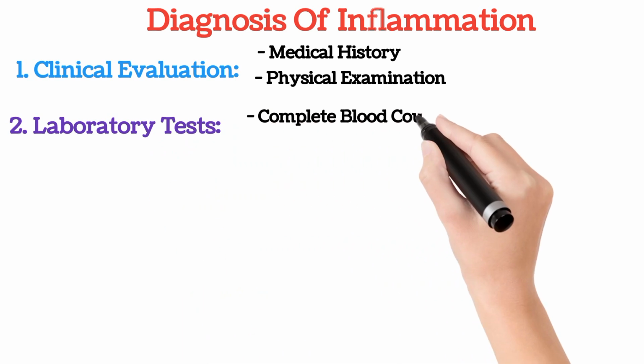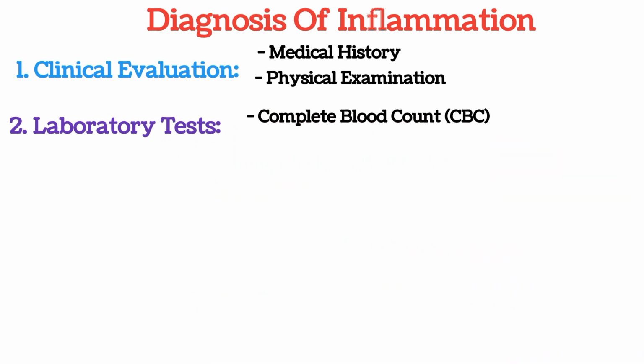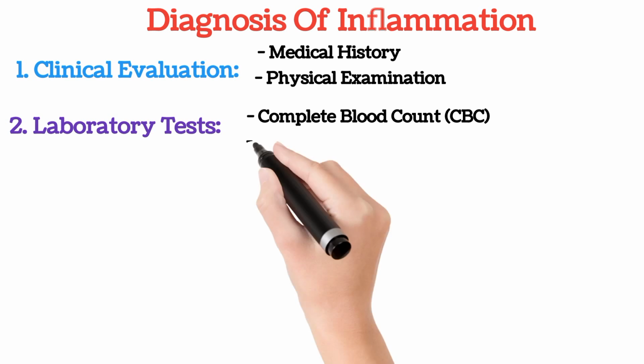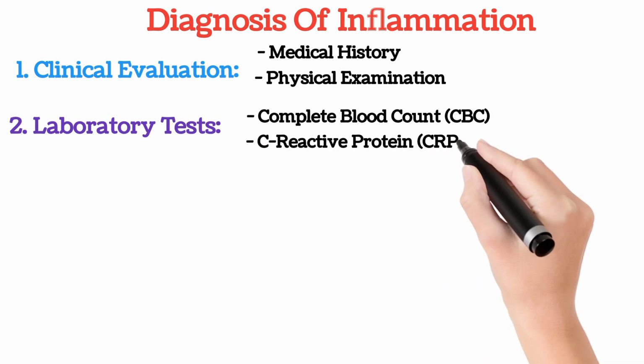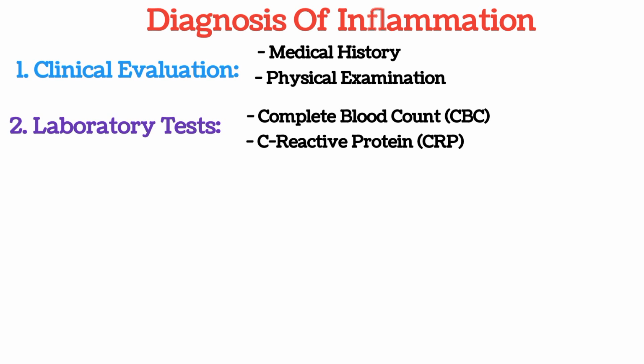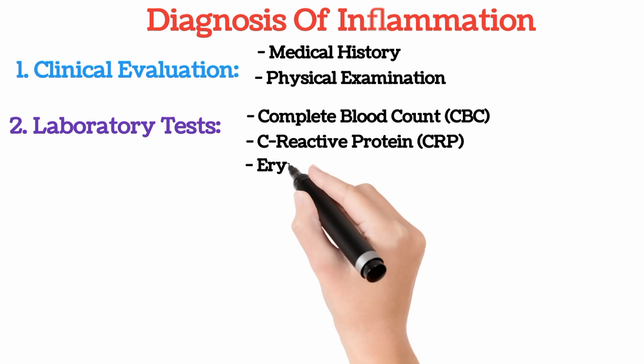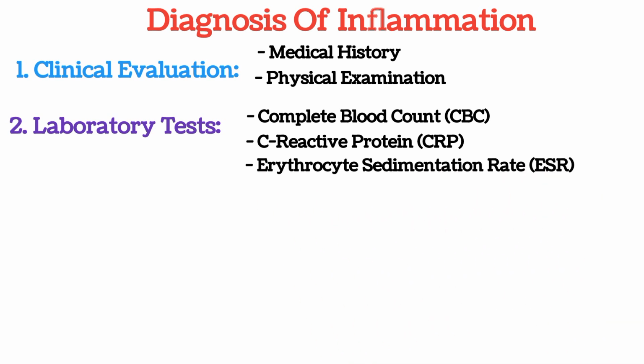2. Laboratory tests. Complete blood count, CBC: an elevated white blood cell count may indicate an inflammatory response. C-reactive protein, CRP: increased levels suggest inflammation. Erythrocyte sedimentation rate, ESR: an elevated ESR is a non-specific marker of inflammation.